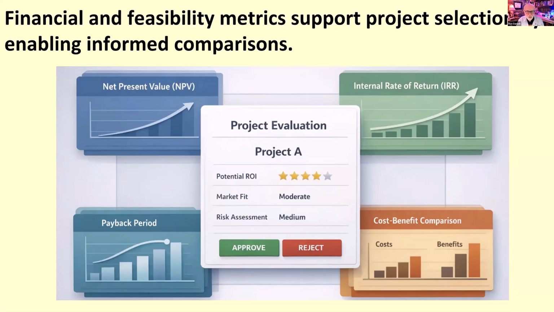value. Net present value estimates the net economic benefit of a project by considering the time value of money. So the idea is a dollar today is worth more than a dollar in the future. And so what we do is we look into the future and think about, what are the financial and economic benefits of this project? And we apply a net present value formula, which is called discounting it back to today's dollars.